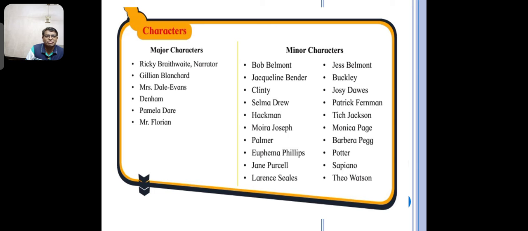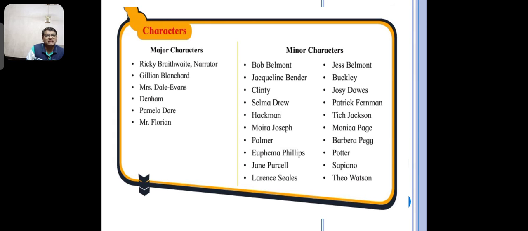Drew, Hawkman, Myra Joseph, Palmer, Euphemia Phillips, James Purcell, Louisa Seal, Jess Blends, Becky Lee, Josie Dodds, Patrick Feman, Teach Jackson, Monica Page, Barbara Page, Potter.